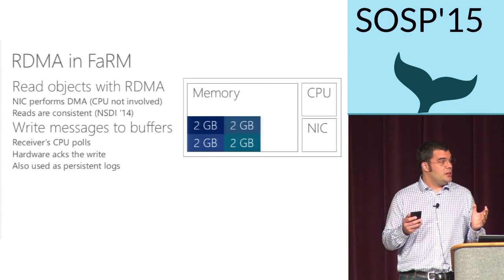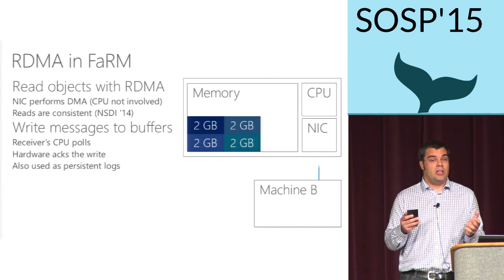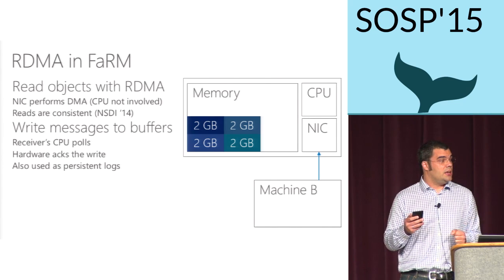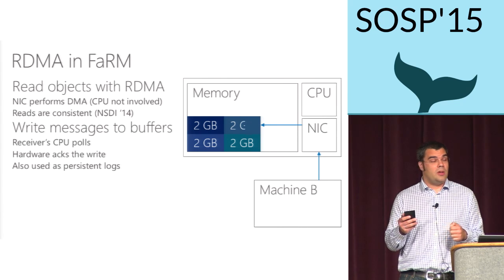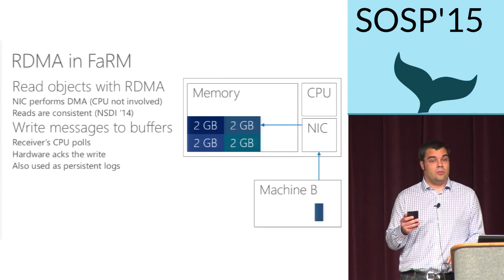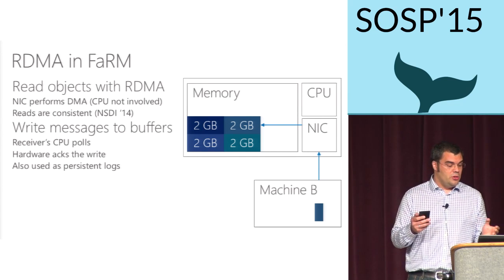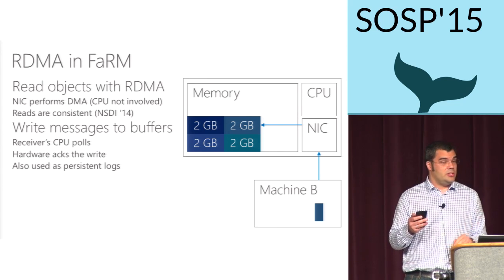This is essentially done by the machine issuing an RDMA read request to the NIC of the machine that holds the data. The NIC is then going to perform a DMA and fetch the data directly from memory and send the response back to the reader without interrupting the CPU. So because we're not interrupting the CPU on the server, this is quite CPU efficient.